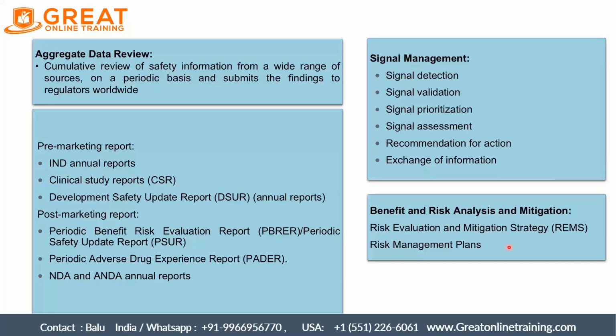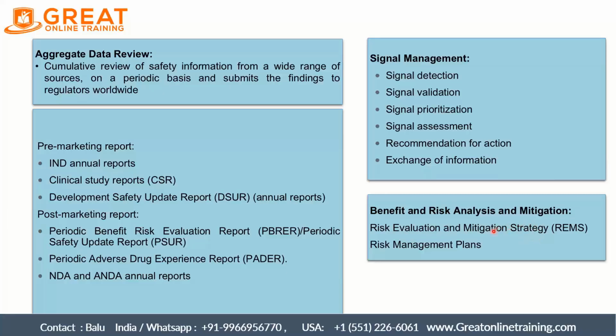These medicine safety plans or benefit and risk analysis and mitigation plans are required as per ICH guidelines, EMA guidelines, and also FDA guidelines. The major documents currently in use are the US risk evaluation and mitigation strategy.